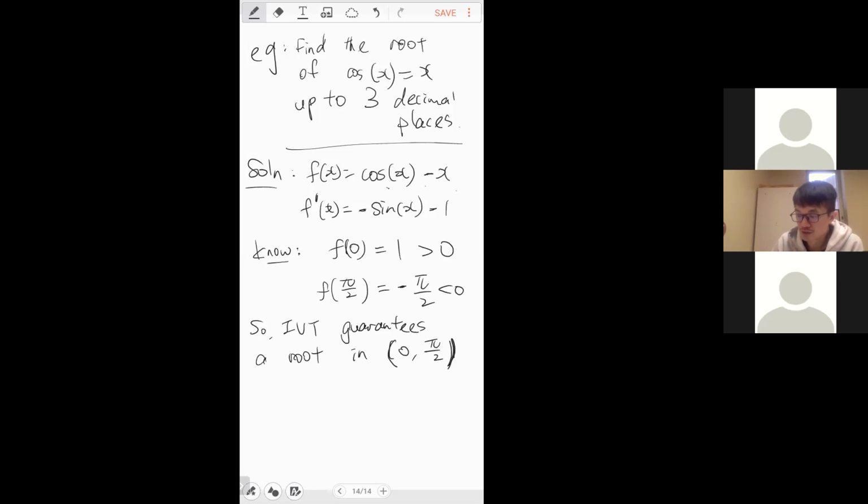Now pick any number you like as long as it's in between 0 and pi over 2. So pi over 2 is around, I think, 1.7 something.